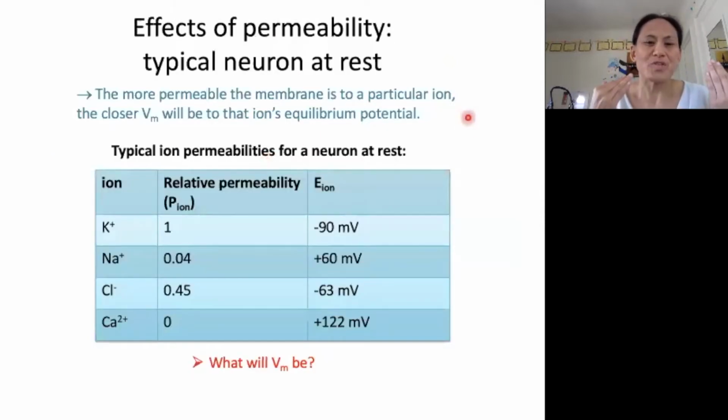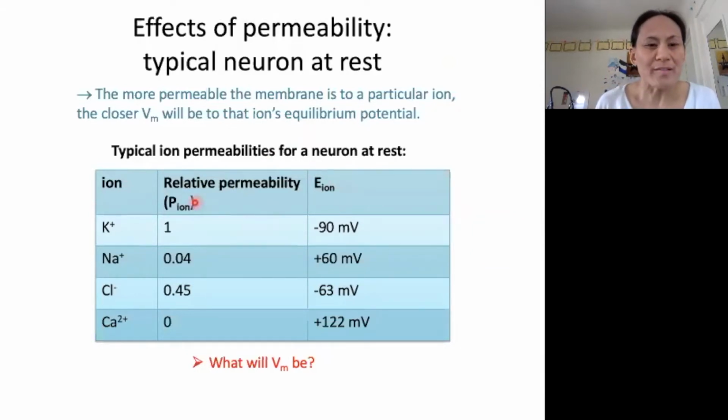So to further explore this question, I've made this table that shows you the permeability of the membrane to these various ions. And then I have this column here to remind you of their equilibrium potentials.